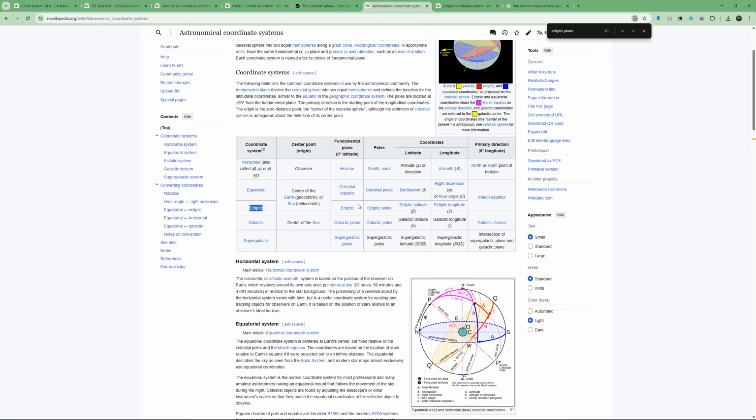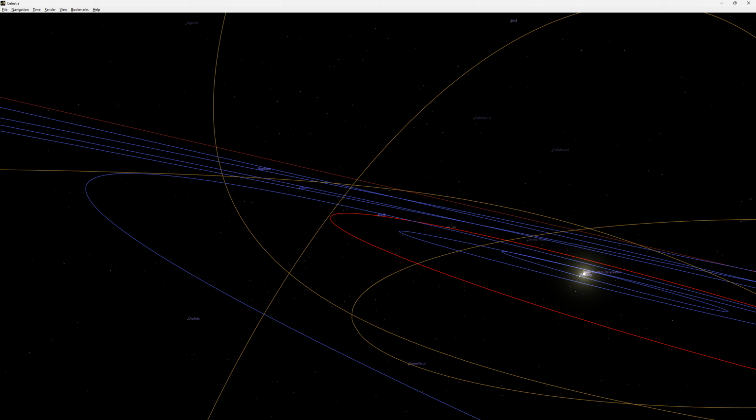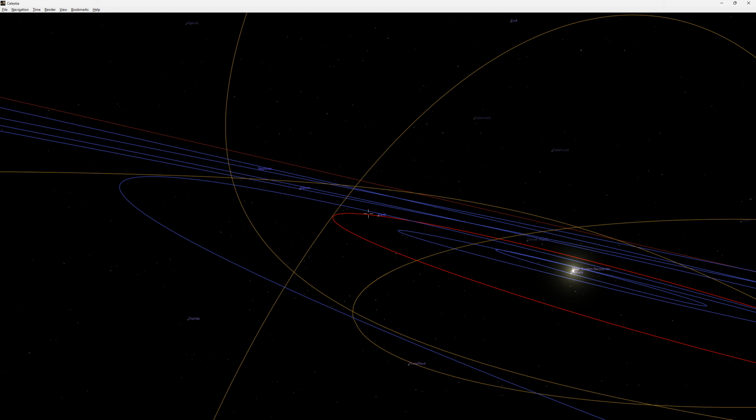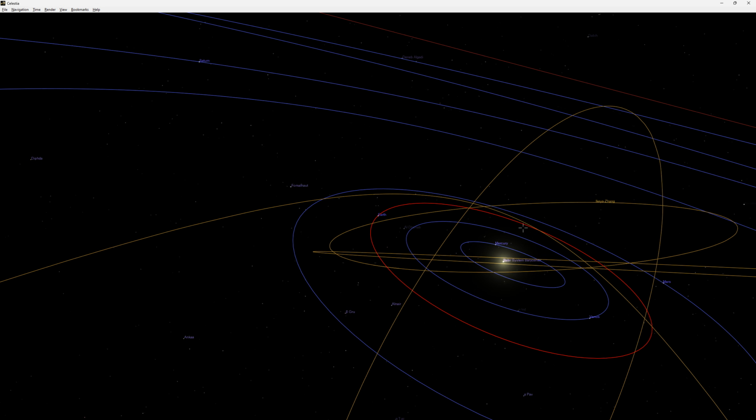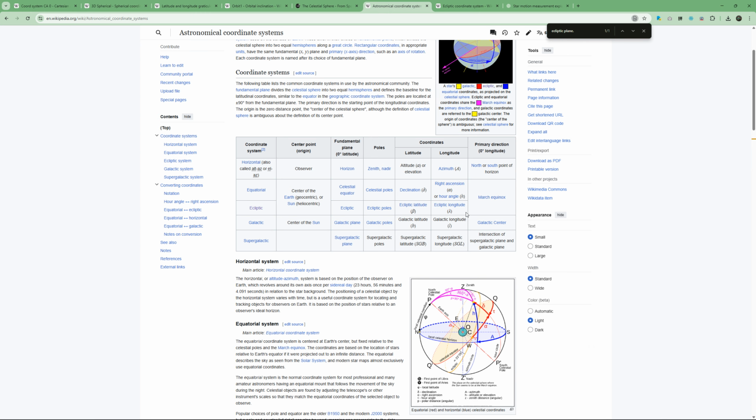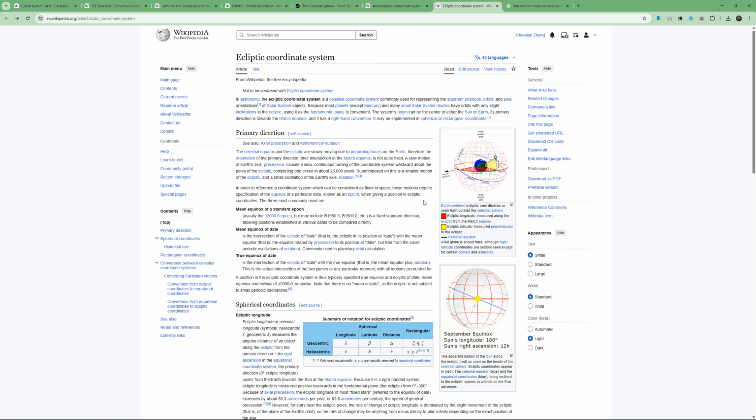So here we can have ecliptic latitude and ecliptic longitude, and that's again referring to the orbit of Earth. So that's pretty much it. And once you can figure out those ones, I guess it will make a whole bunch of sense.